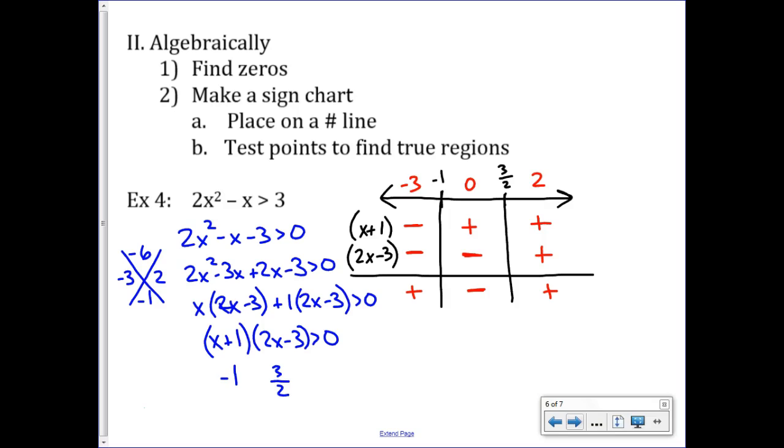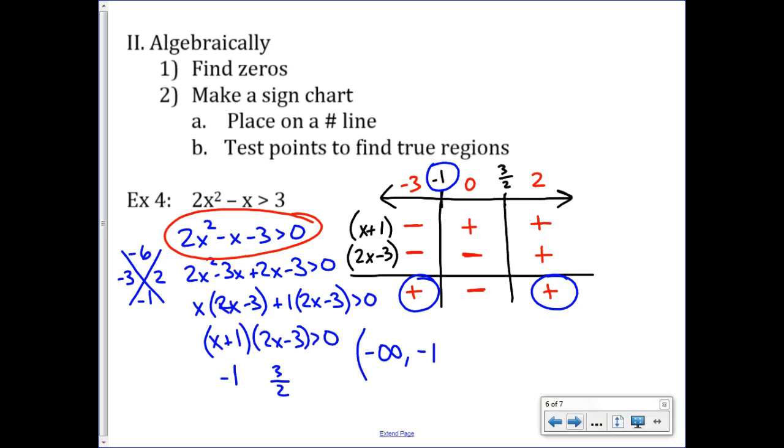So, when we're looking at this, we want to know where we are greater than 0. So we are greater than 0 where we're positive. So on our number line, that's where we're at -infinity all the way up to -1, or 0 value there.